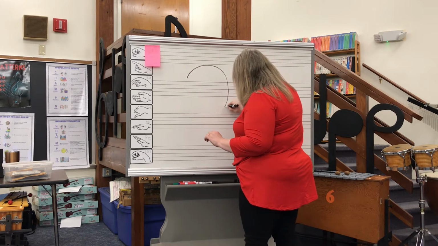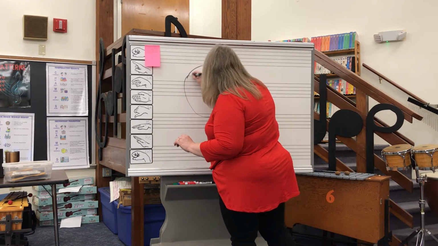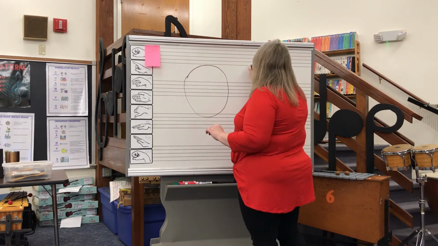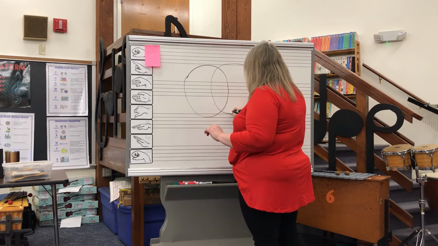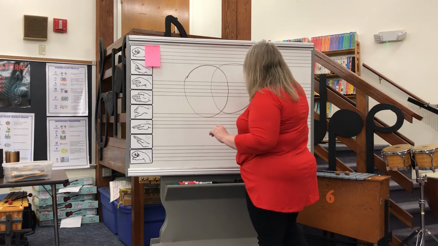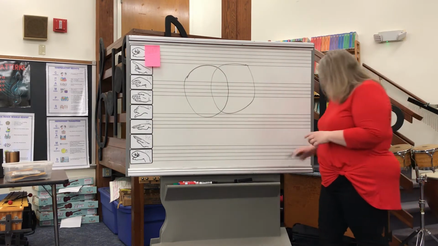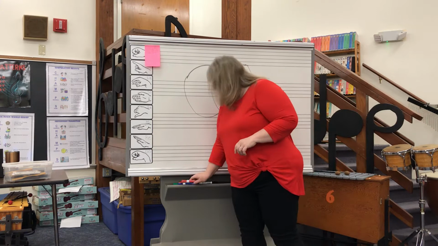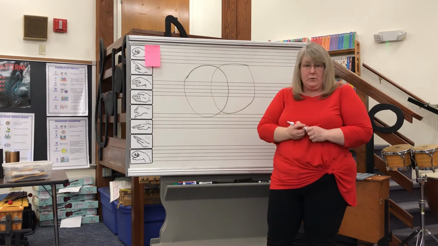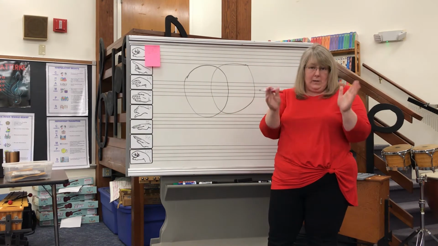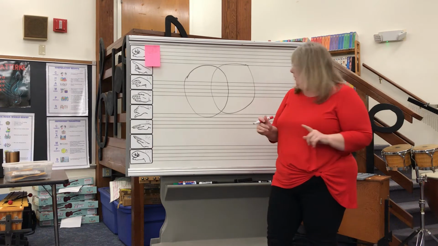Let's draw the circle a little bit better. Take my time. And I need the overlap just a little bit bigger. That's much better. Okay, so they're not perfect circles, but you get the idea. What's going to happen next is I'm going to label the two videos from that slide that you just watched from my YouTube channel.